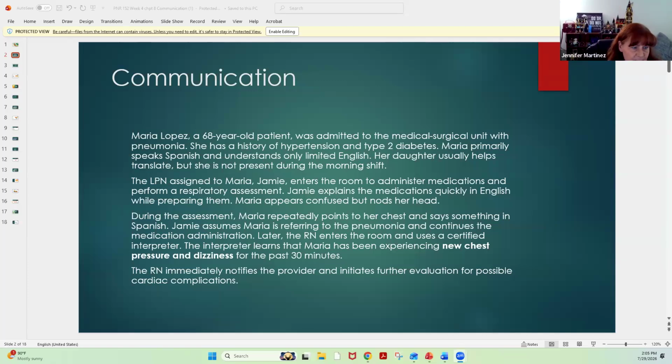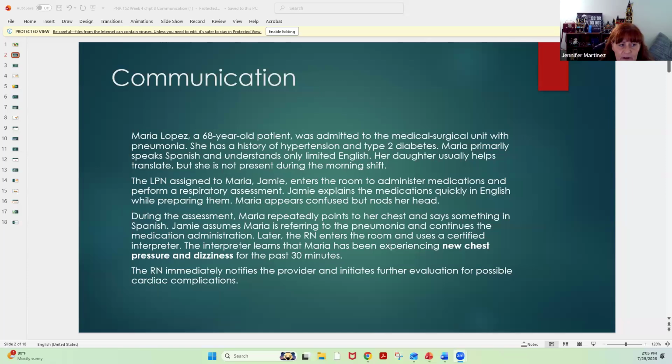She was admitted to the med surg unit with pneumonia. She has a history of hypertension and type 2 diabetes. Maria speaks Spanish and understands only limited English. Her daughter usually helps translate, but she is not present during the morning shift. The LPN assigned to Maria, Jamie, enters the room to administer medications and perform a respiratory assessment.